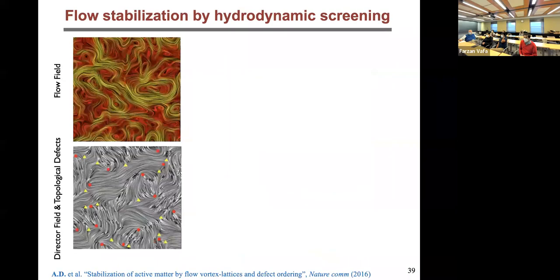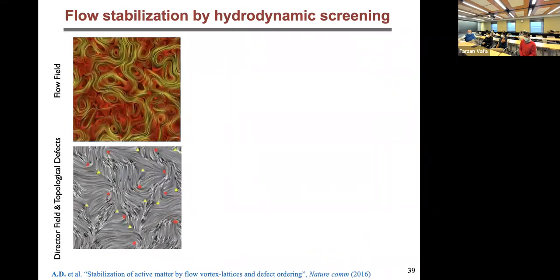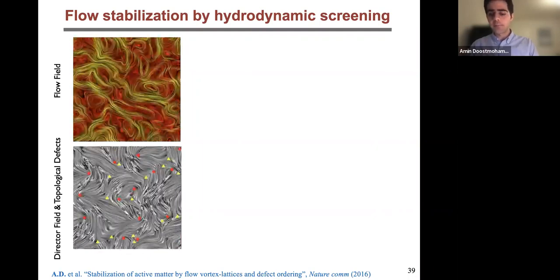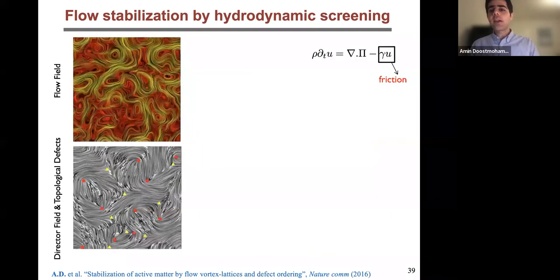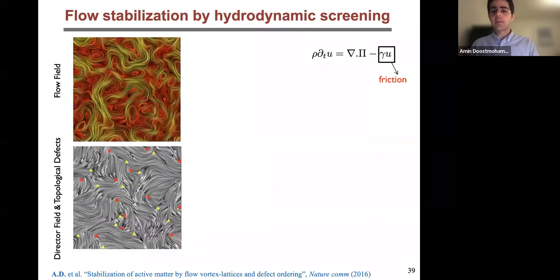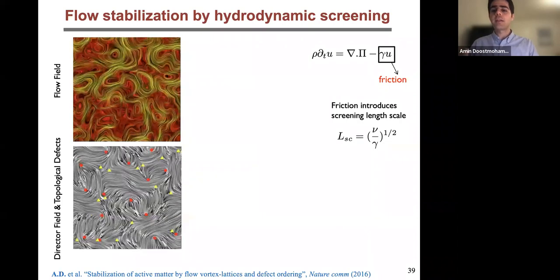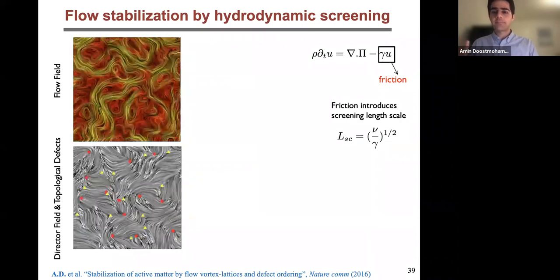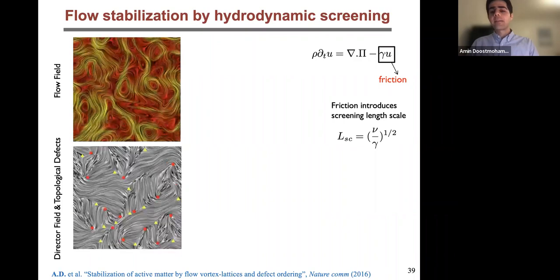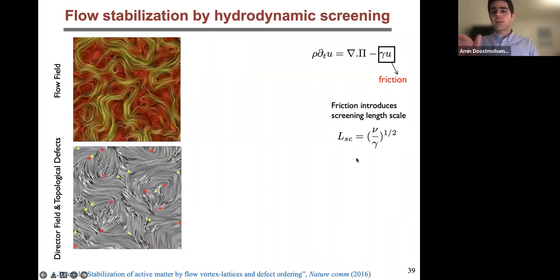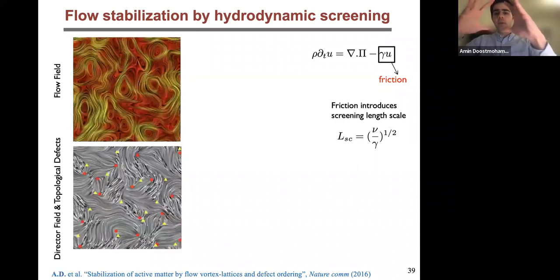So thank you. What we were interested in was whether we can have some sort of control over these chaotic flows. Our initial idea was considering friction, exactly what you said, David, because friction introduces a screening length scale. As you increase the friction, the screening length becomes smaller and smaller.